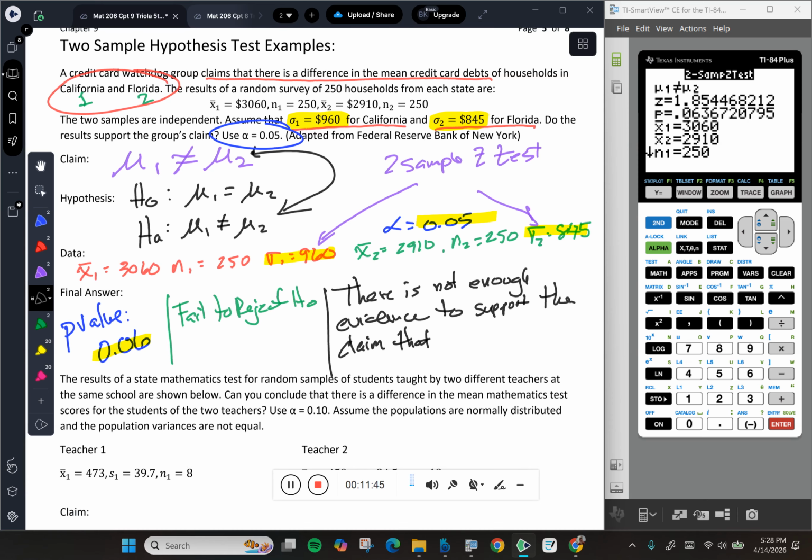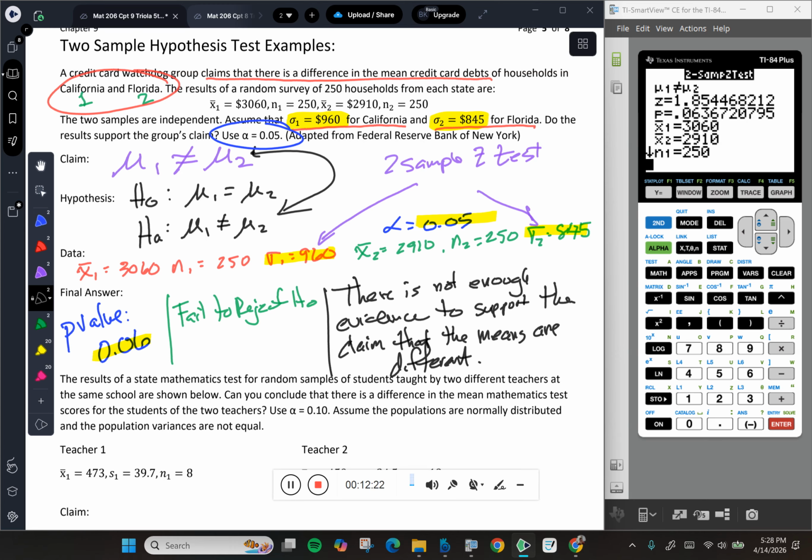Oh, the claim is that the means are different. And again, like every time, you could fluff that up as much as you want. You could say, there is not enough evidence to support the claim that the mean credit card debt of California is different from the mean credit card debt of Florida at a significance level of 0.05. I'm just going with the minimum that I need to convey the proper information. I'm not supporting it, and I'm defining what the claim is.